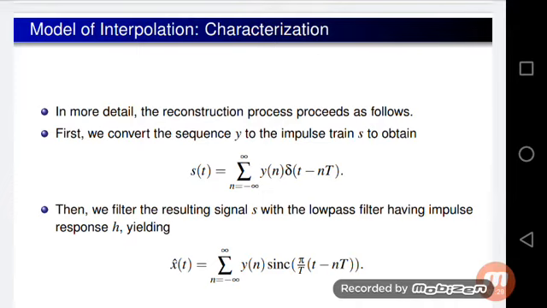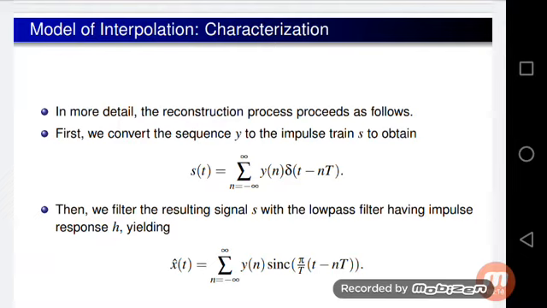Next is the model of interpolation and its characterization. In more detail, the construction process proceeds as follows. First, we convert the sequence y to the impulse train s. As the meaning of interpolation is that DT is converted into CT, we take s of t equal to the summation over n from minus infinity to infinity of y of n delta of t minus nT.